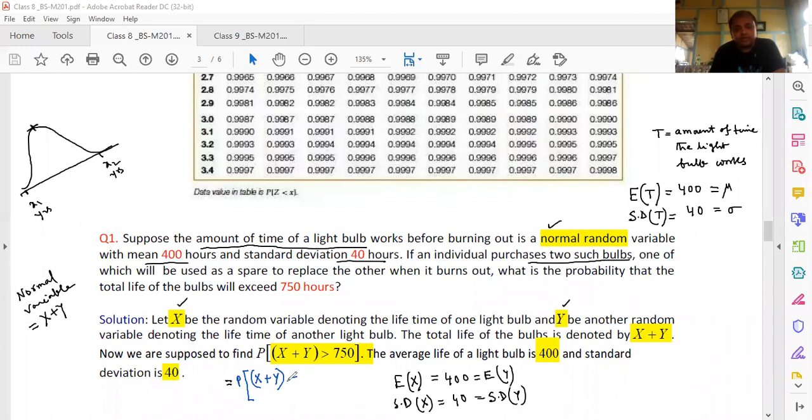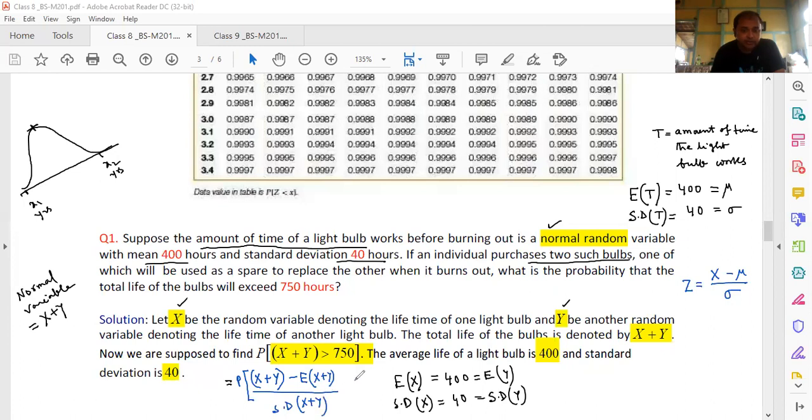Therefore we need to bring Z on the left hand side. As you know, the standard normal variable is denoted by x minus mu by sigma, but here my capital X is x plus y. Then I need to find E of x plus y and the standard deviation of x plus y.